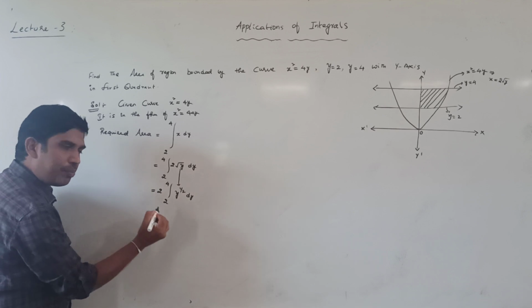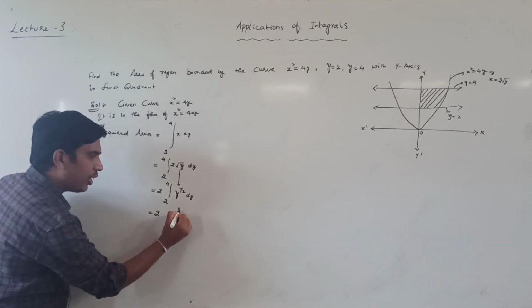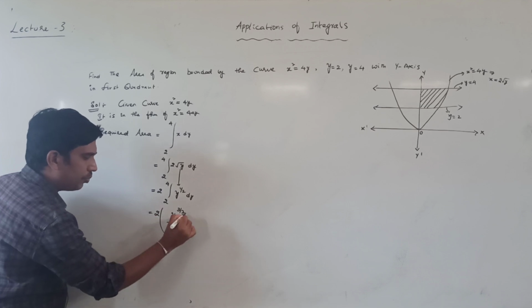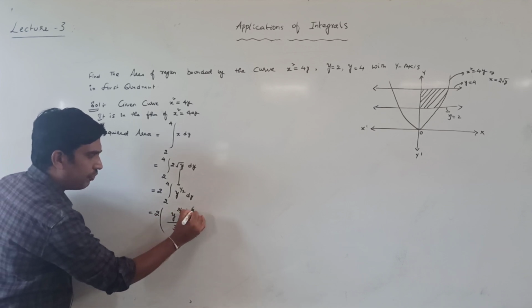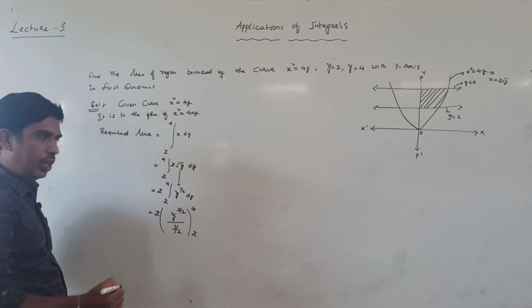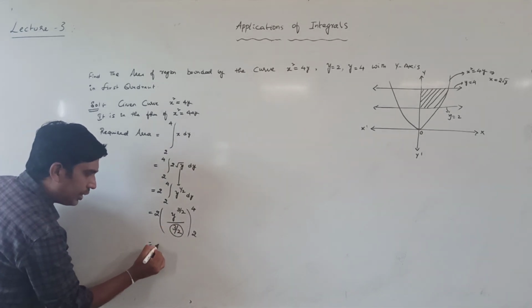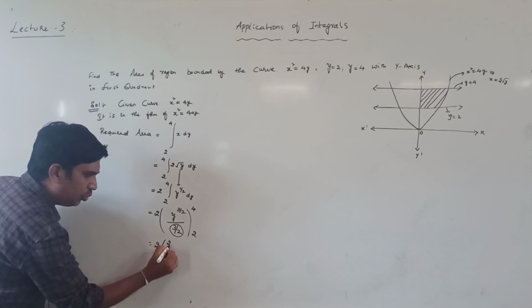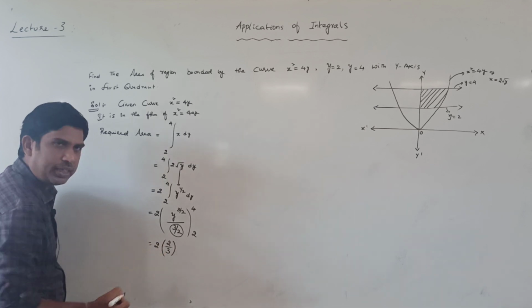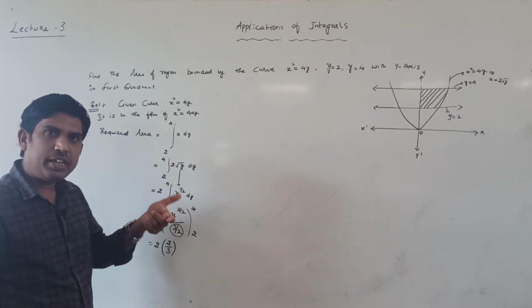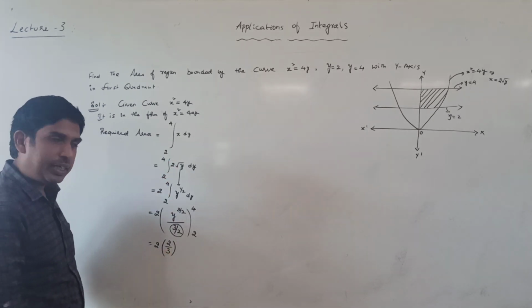So y power 1 by 2 integral is y power 3 by 2 by 3 by 2. So limits taken from 2 to 4. So this 3 by 2 right outside the bracket, so means that we'll get 2 into 2 by 3. This 3 by 2 taken to numerator, its reciprocal they have to take, that's why it becomes 2 by 3.